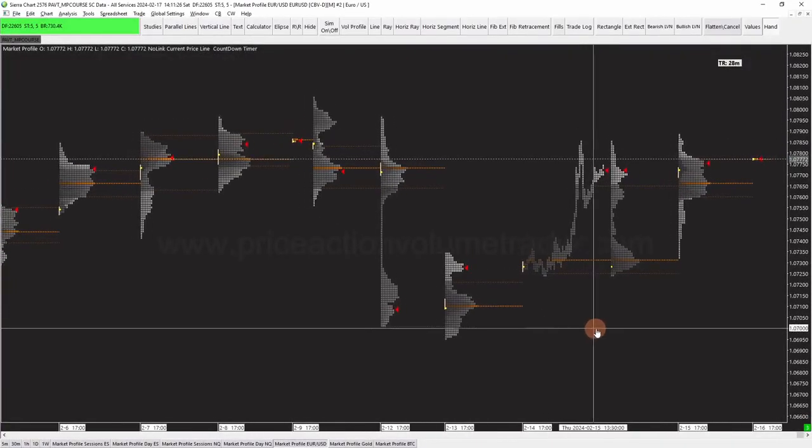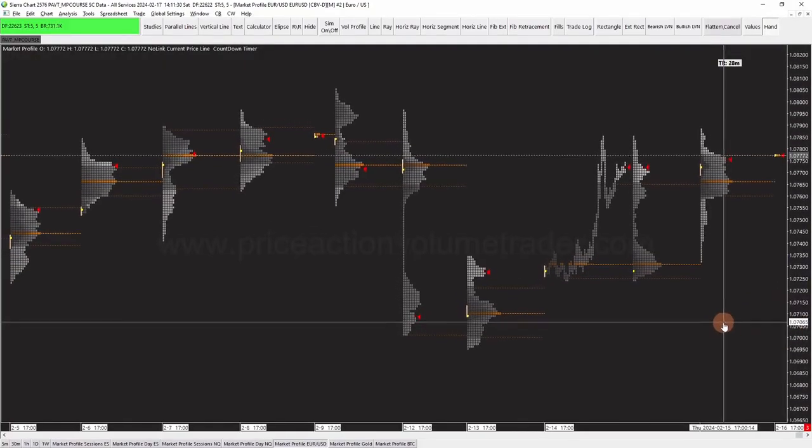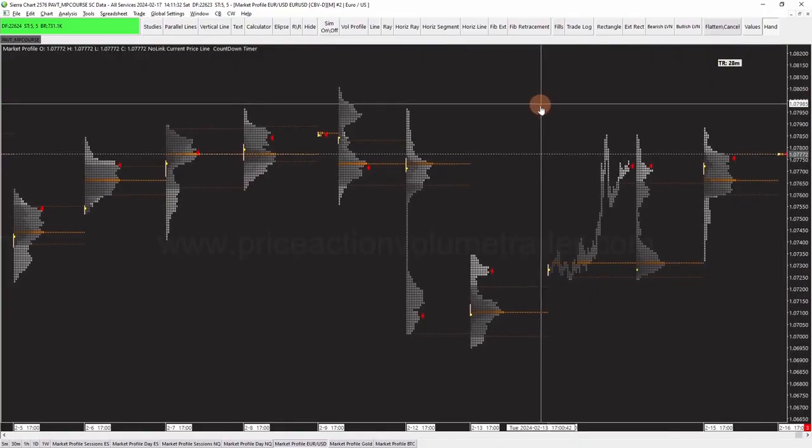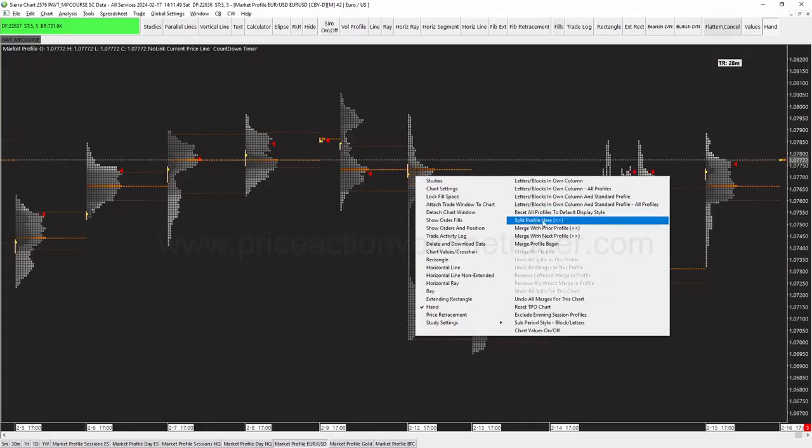Okay, so let's just go on the charts here and just look at a few examples of all these rules. This is the Euro US dollar market, and you can see right here we had a pretty balanced area right here before we broke down, and then we came right back up into here. So let's just make a composite over here.